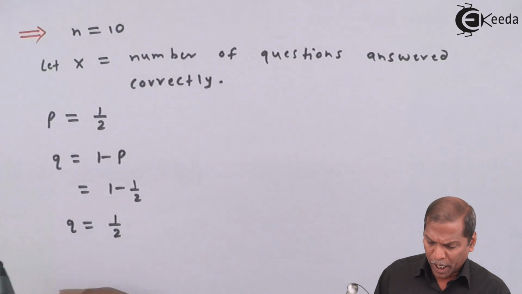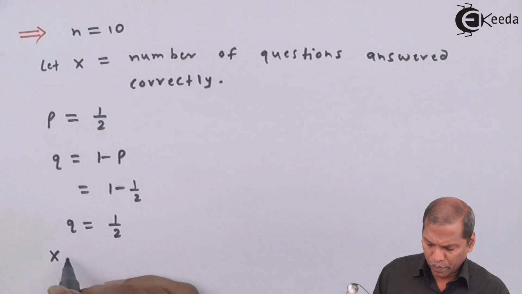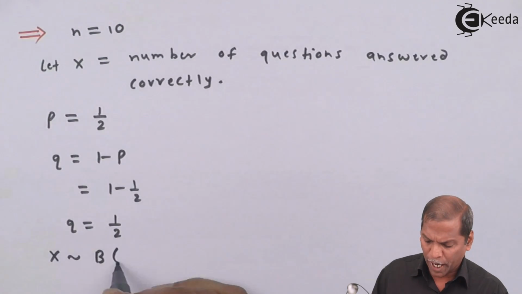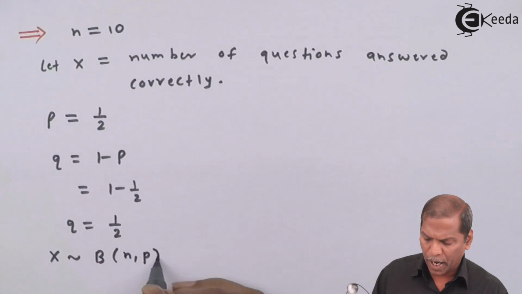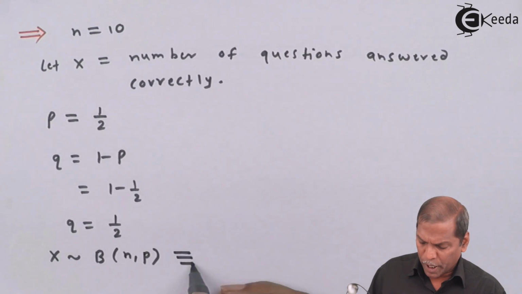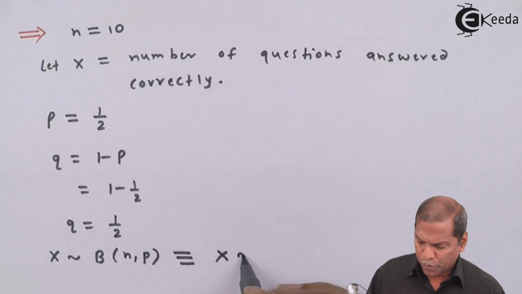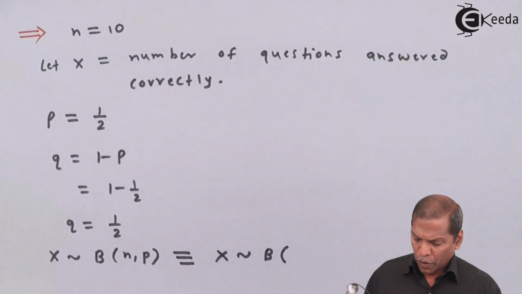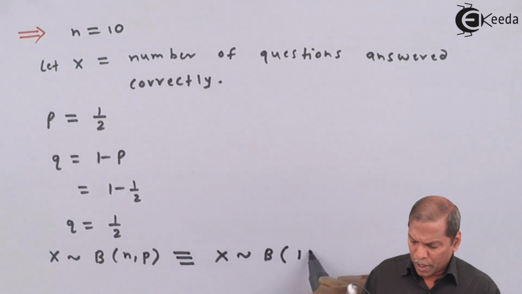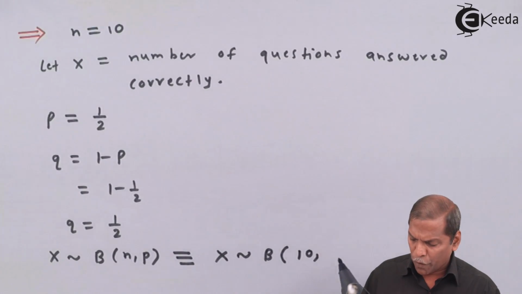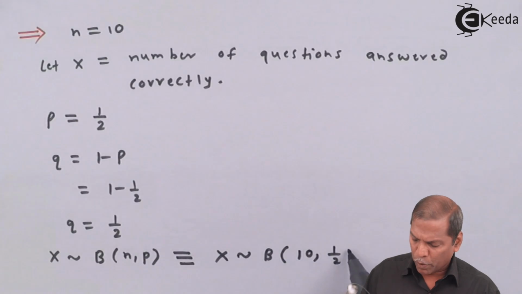Then X follows binomial distribution with parameter n and p. So that is equivalent to X follows binomial distribution with parameter n equal to 10, comma, and probability of answer correct is 1 by 2.